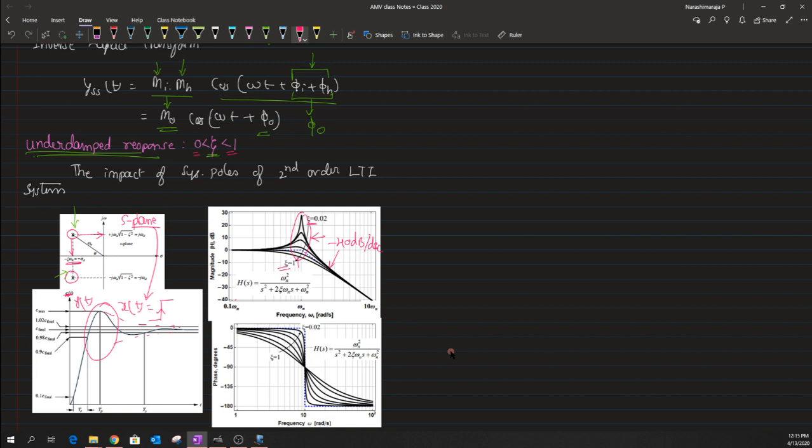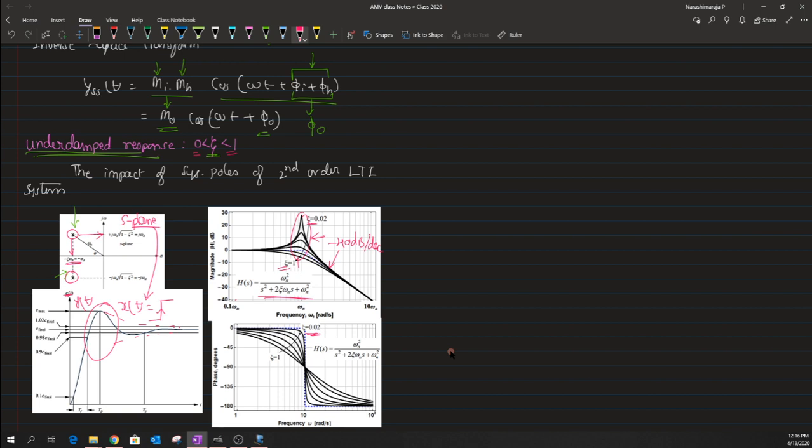Also one could see that when this factor zeta is quite close to the value of 0, there is a sharp change in the phase from 0 to 180 degrees, because each pole will induce a 90-degree phase shift, and since we have a second order system, it has two poles, and these two poles will induce a sharp change in the phase when zeta is closer to a value of 0.